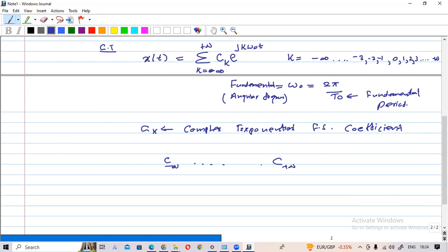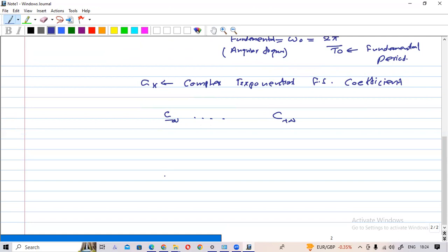And this coefficient Ck can be evaluated with this integral. The integral should be within one period, one cycle.